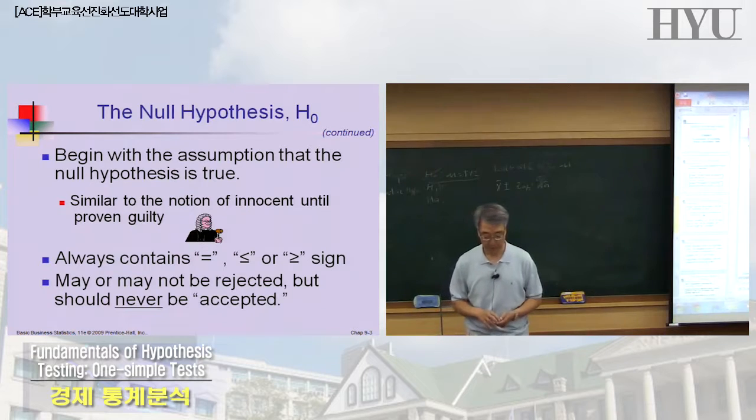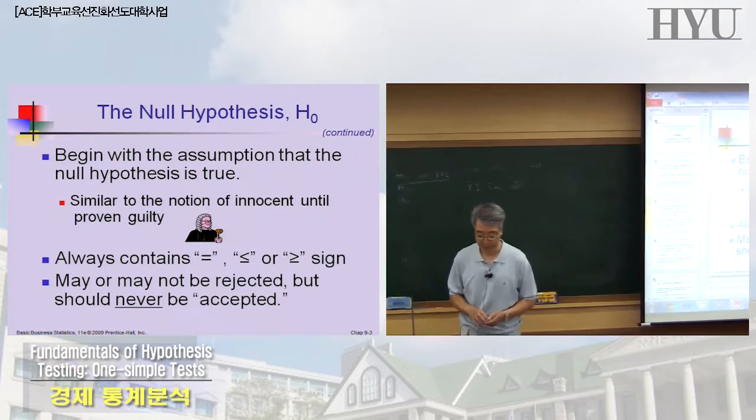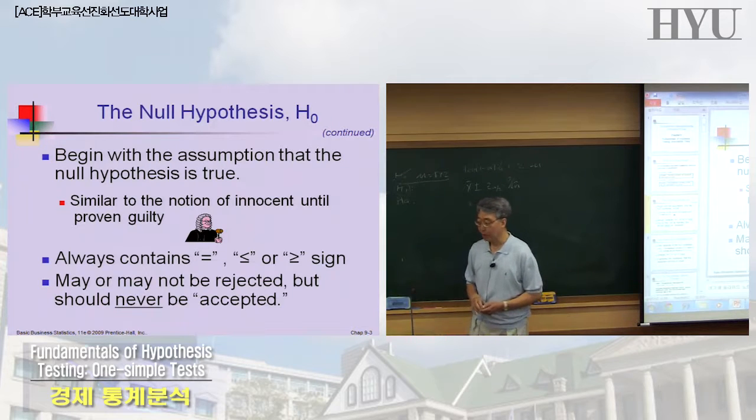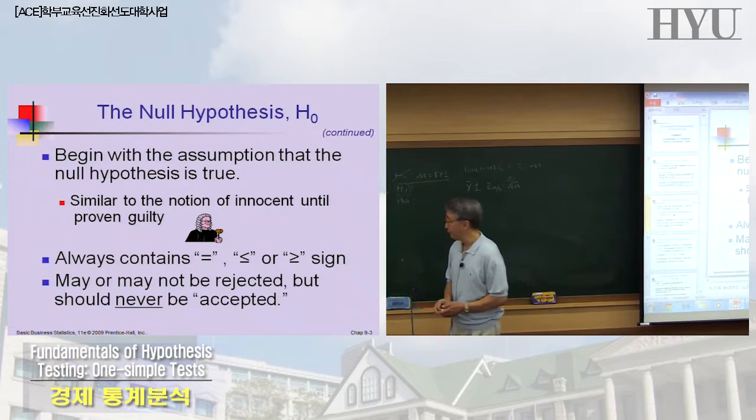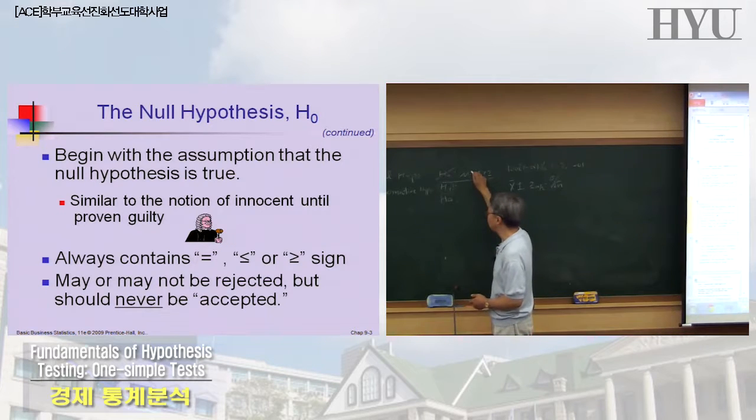So that's a similar idea. The question is whether we can find sufficient evidence to reject the null hypothesis or not. Typically, the null hypothesis contains an equal sign, or greater than or equal to.